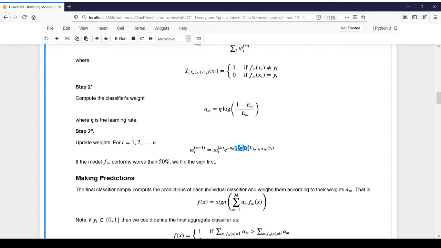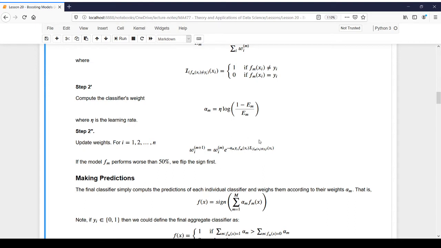So with that in mind, this guy is going to be positive now, and alpha_m, once you flip the sign, you're again in the same situation as before. So this whole guy is again positive, and e to a positive number is again larger than 1, so you're increasing the weight.